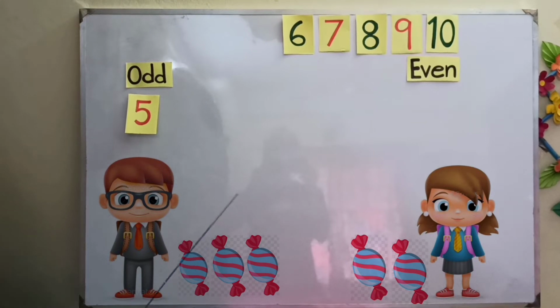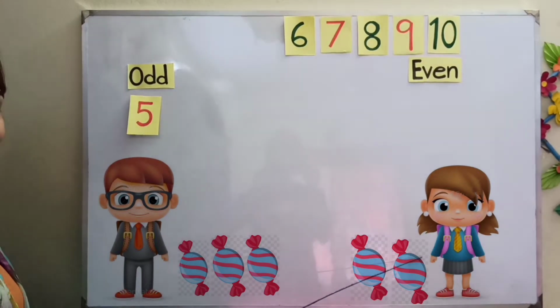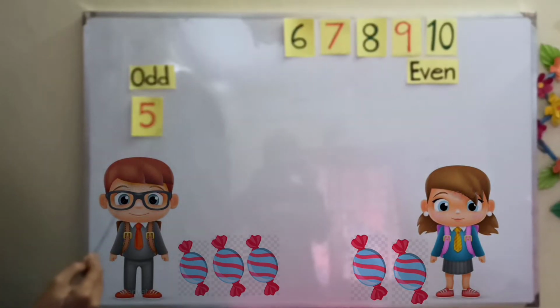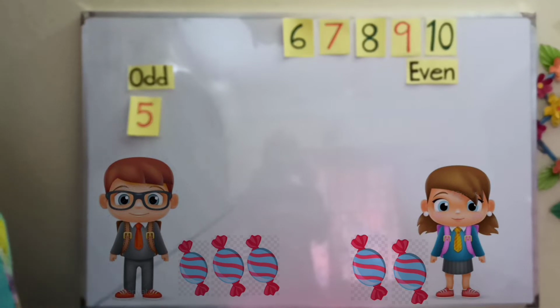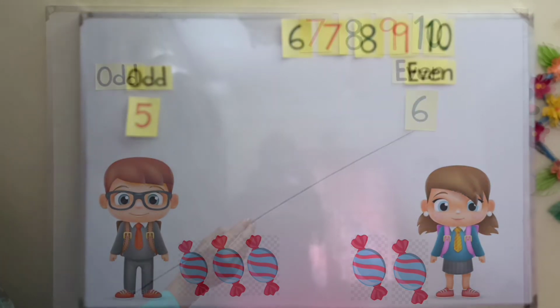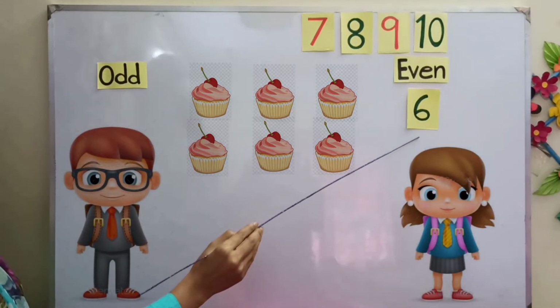So, one is getting more, one is getting less. So, 5 is an odd number and it is not making a pair. 5 is odd. 6 is an even number. How?